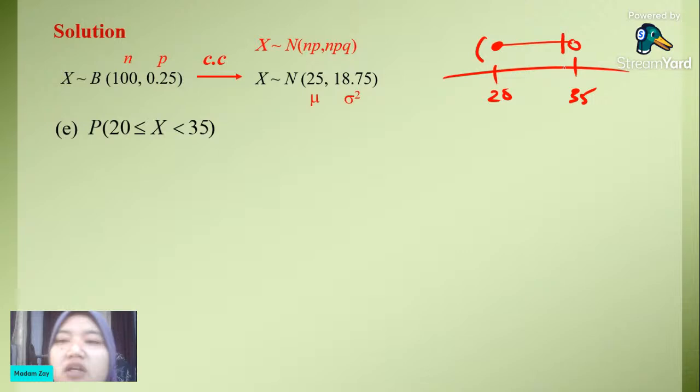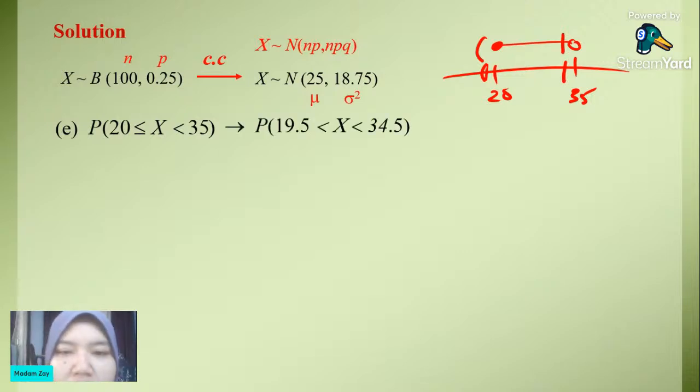So what we need to do is to take from before 20, which is 19.5, up to before 35, which is 34.5. So after the continuity correction, it will be probability of 19.5 less than X less than 34.5.